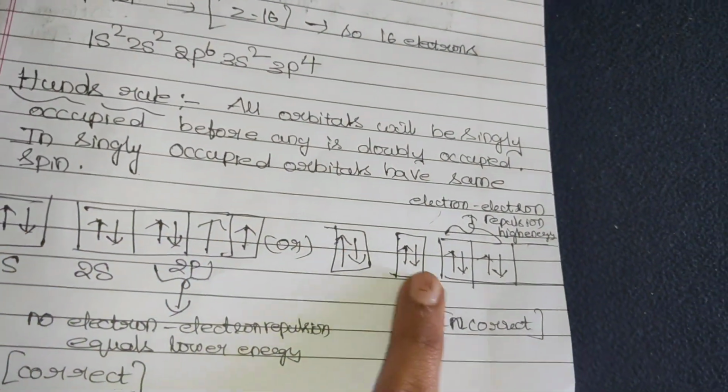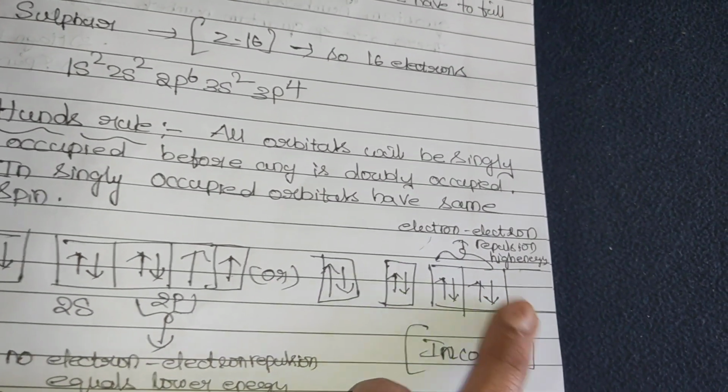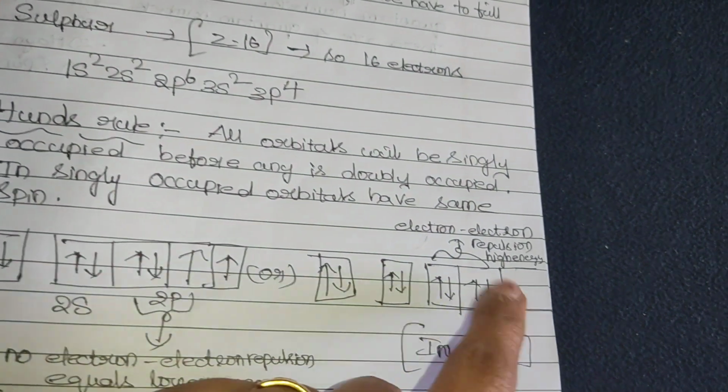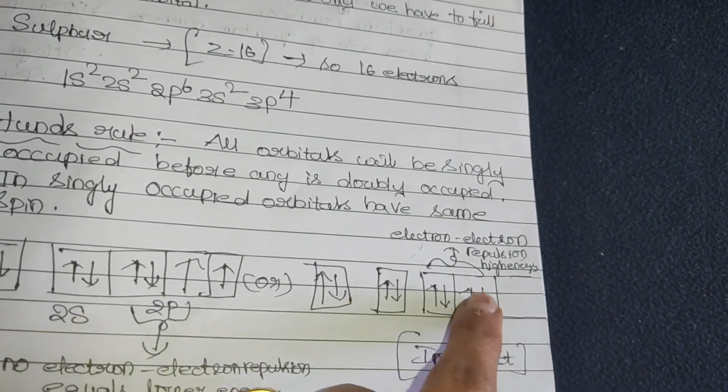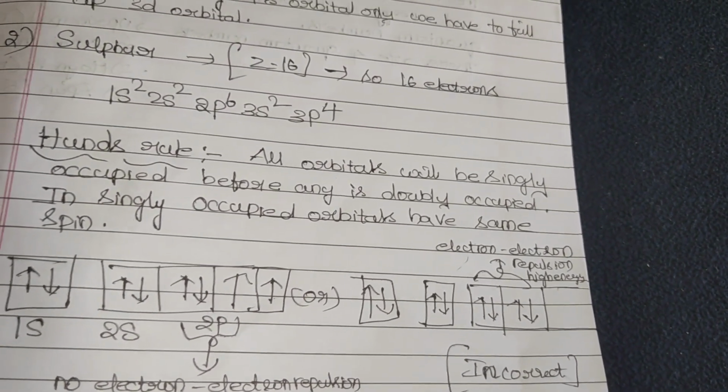This is the correct form, not like this: here 2p is filled with a pair first. It should not be like this. It is an incorrect form because of electron repulsions, and more energy is required. So this is Hund's rule in simple terms.